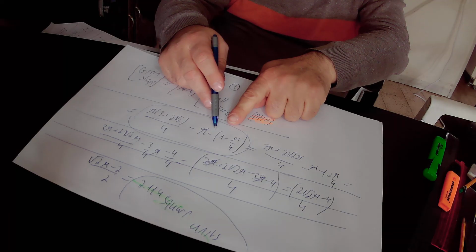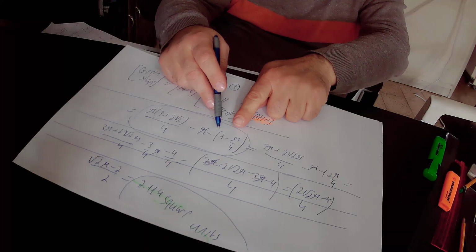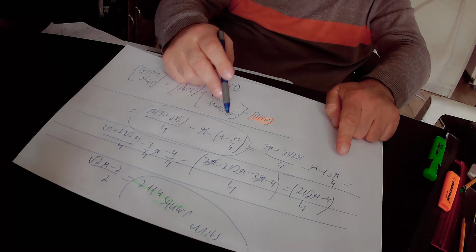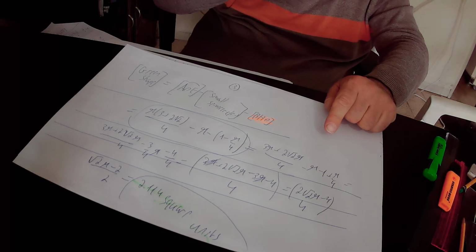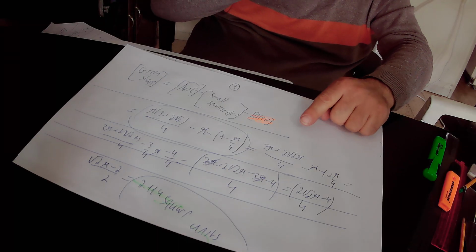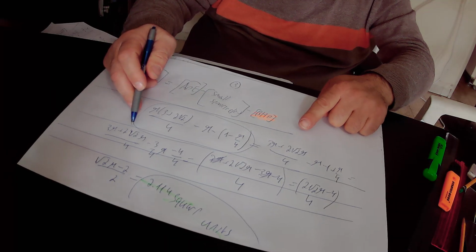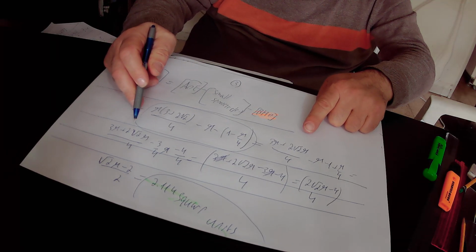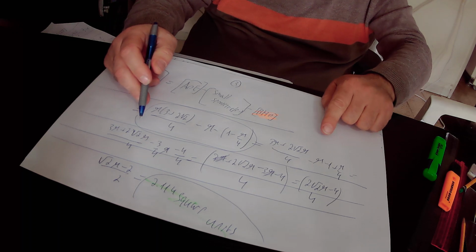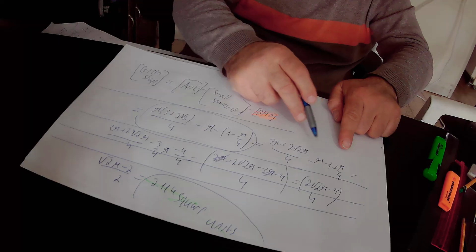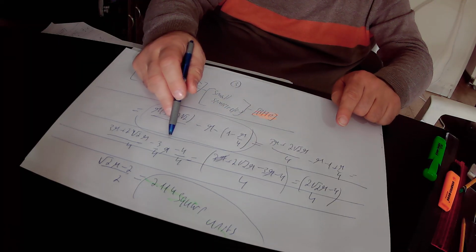After we open the brackets, we are left with minus 1, and minus times minus is plus, so it is in total minus 1 plus pi over 4. So here we have 3 pi plus 2 times root of 2 pi divided by 4, and minus pi plus pi over 4 is minus 3/4 pi.